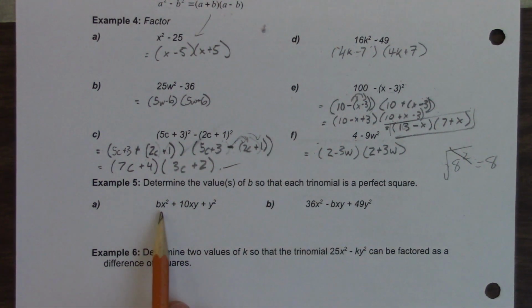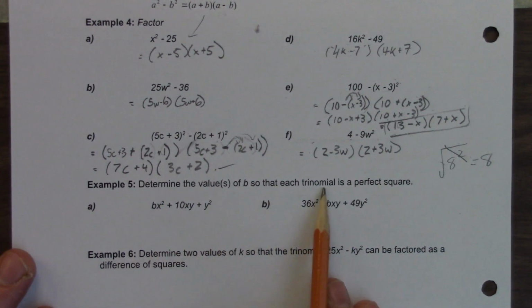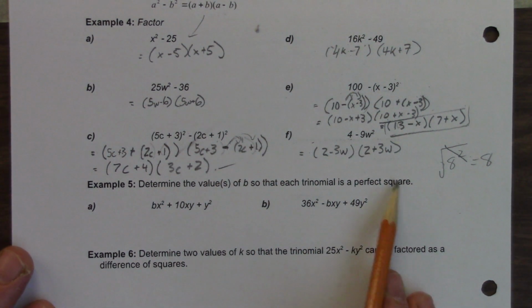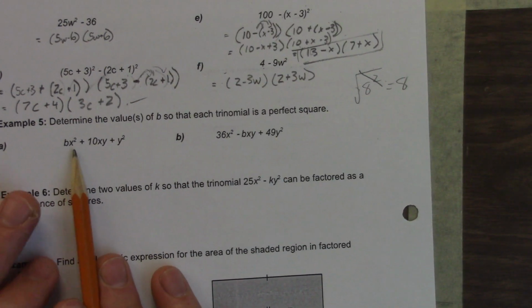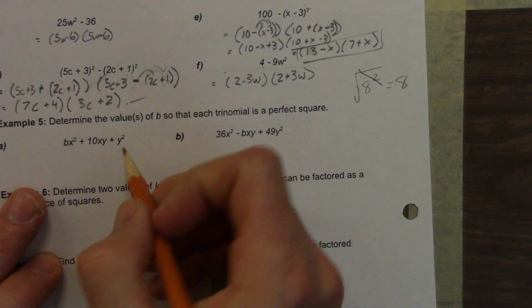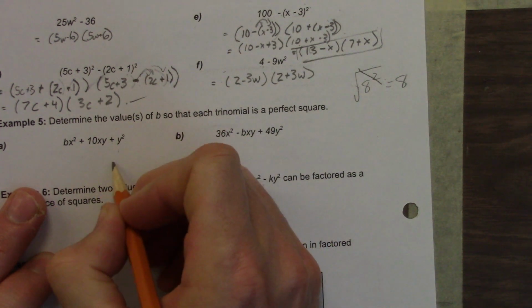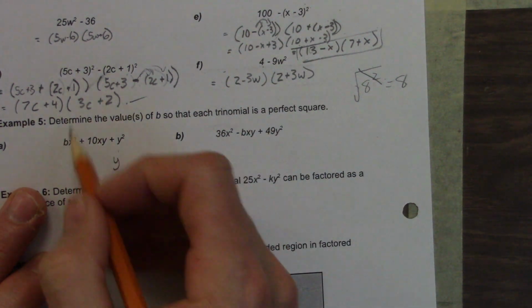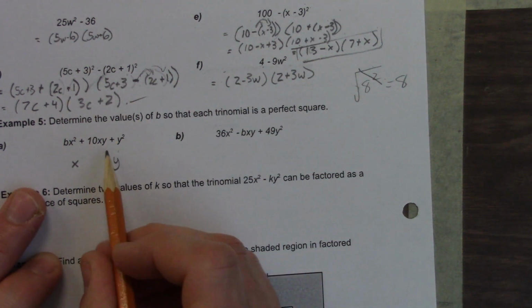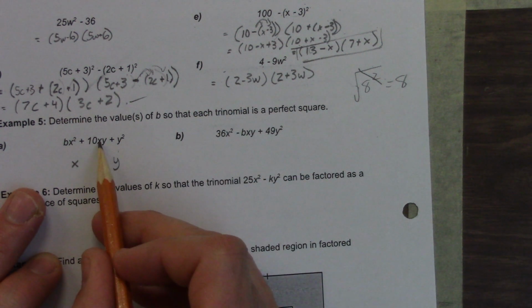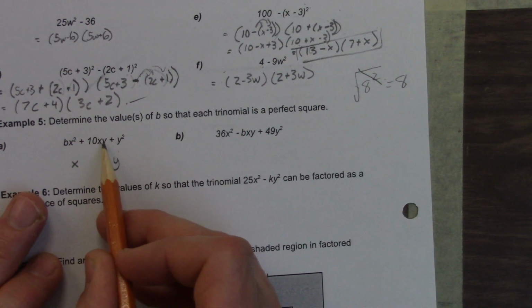Okay. All right. So we got to determine the value of b so that each trinomial is a perfect square. All right. So we have y squared. So the square root of this is just going to be y. The square root of this is going to be x. And we need to get a value that will double to give us 10xy.